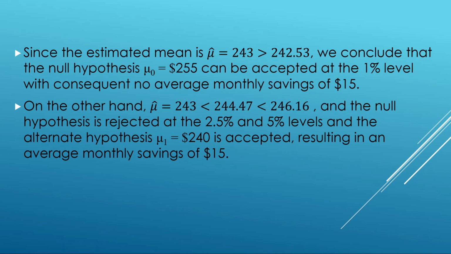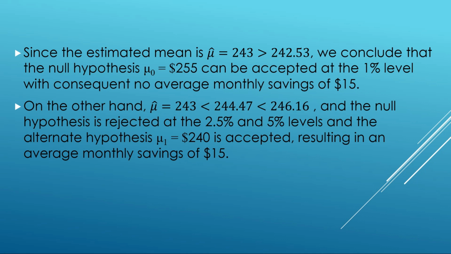On the other hand, mu equal to 243 is less than 244.47, and 244.47 is less than 246.16, so the null hypothesis is rejected at 2.5% and 5% levels. And the alternate hypothesis mu1 equal to $240 is accepted, resulting in an average monthly saving of $15.